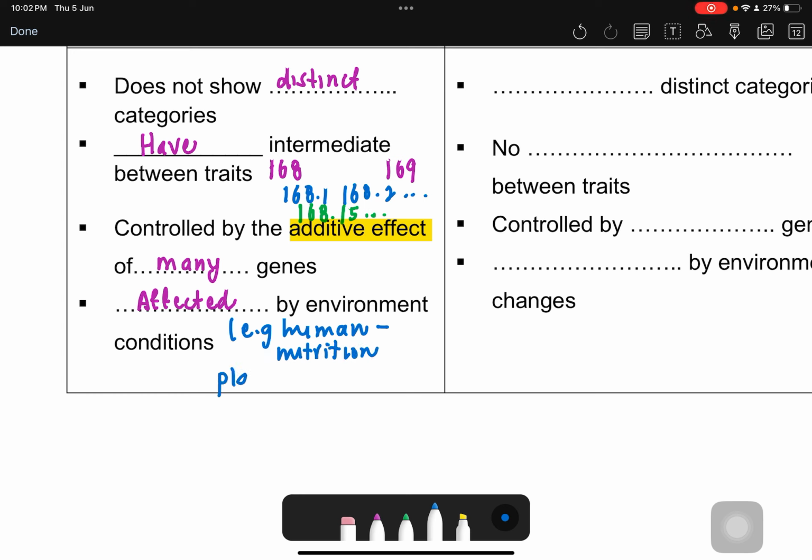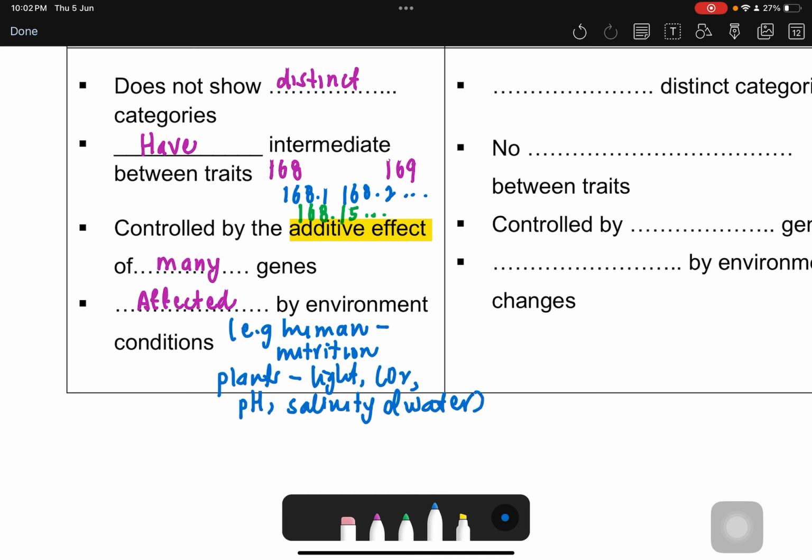And for plants, it could be the light intensity, carbon dioxide percentage, and other physical environmental factors such as pH, how salty the water is, that will affect the growth of the plant, and so forth.